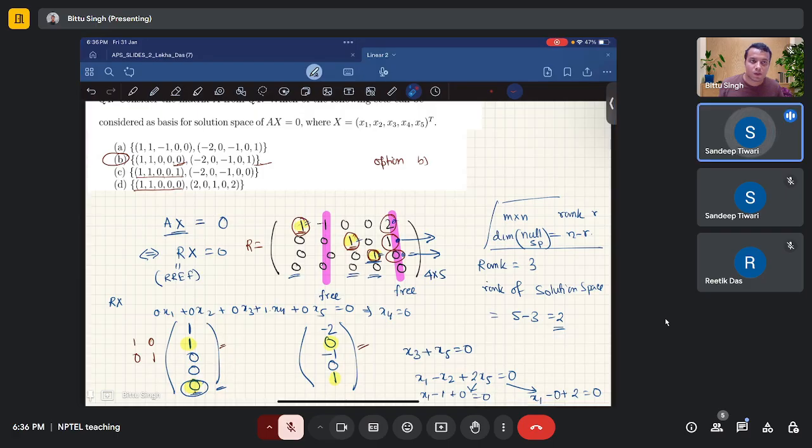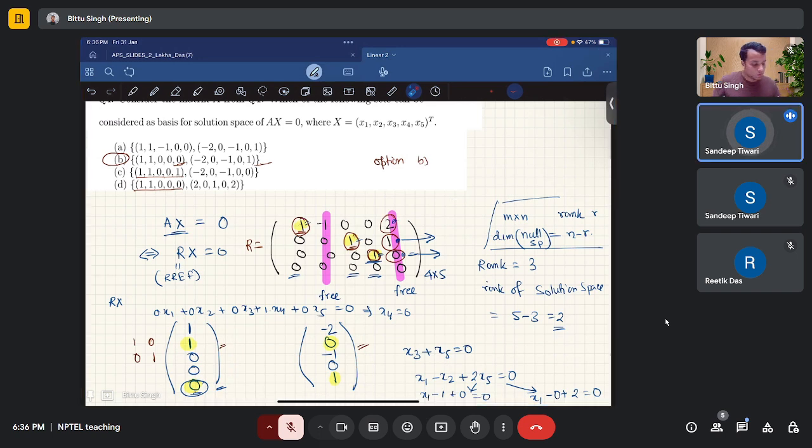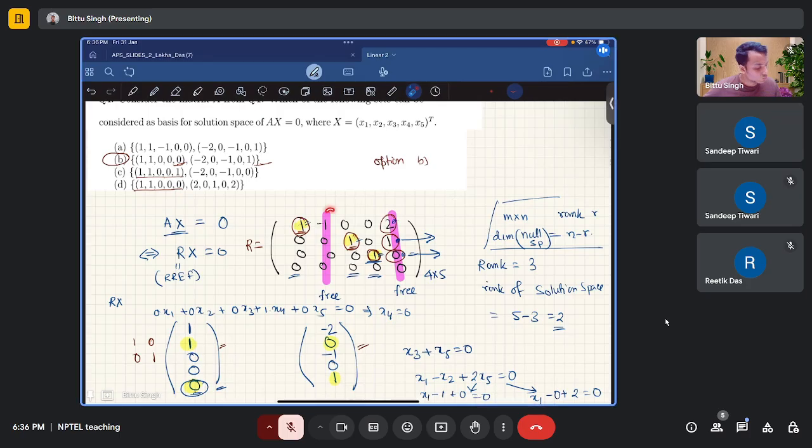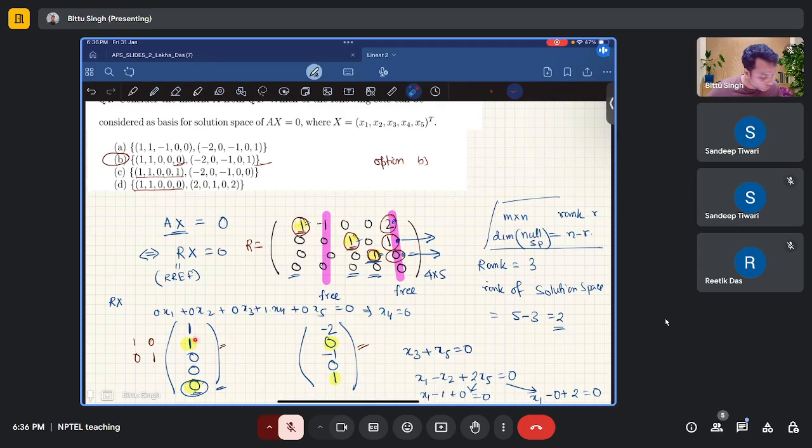Sir, how are you choosing 1, 0, sir? Yes. Since those are free columns, you can choose anything in this case. Any combination, except 0, 0, will give you a solution. So that's why I'm choosing 1, 0 here, and another choice will be 0, 1. You can choose any other combination. For example, instead of 1, 0, you can choose 2, 3 and 3, 4.